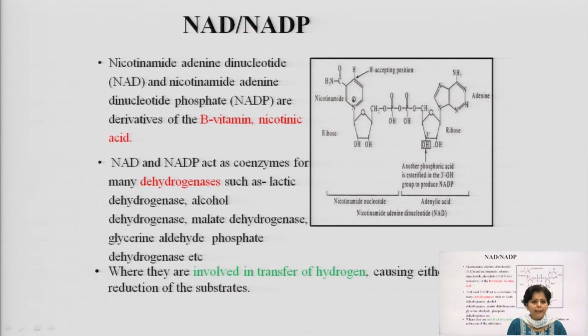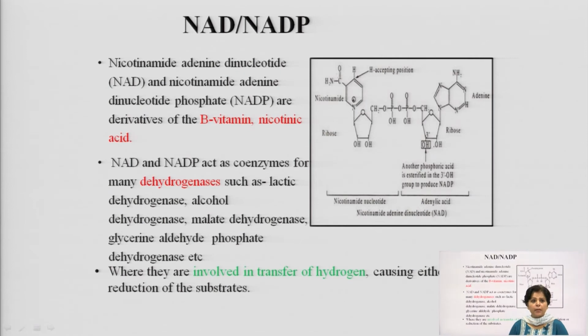The next coenzyme is NAD or NADP, nicotinamide adenine dinucleotide, or NADP, that is nicotinamide adenine dinucleotide phosphate. These are the derivatives of the B vitamin nicotinic acid.